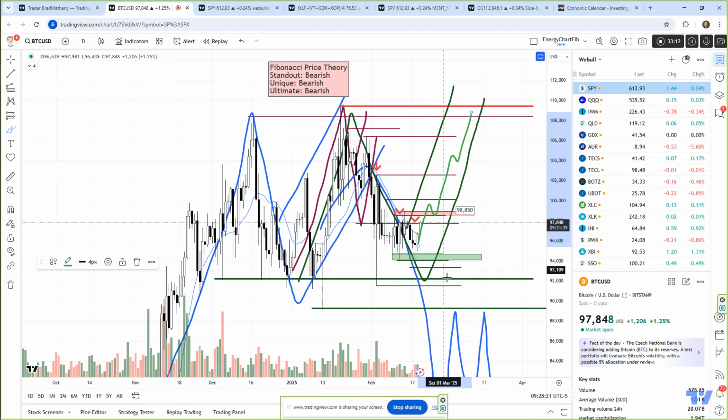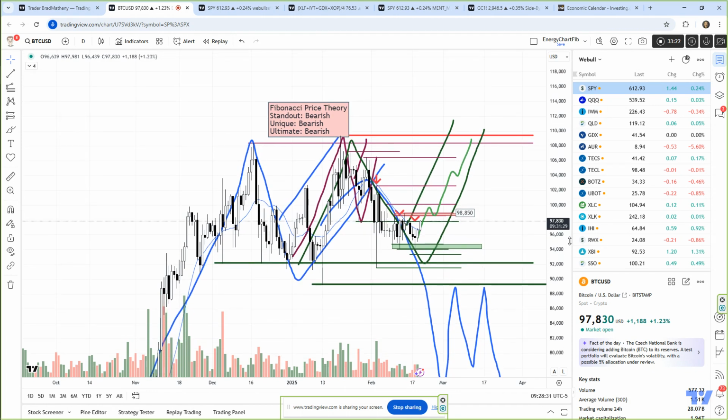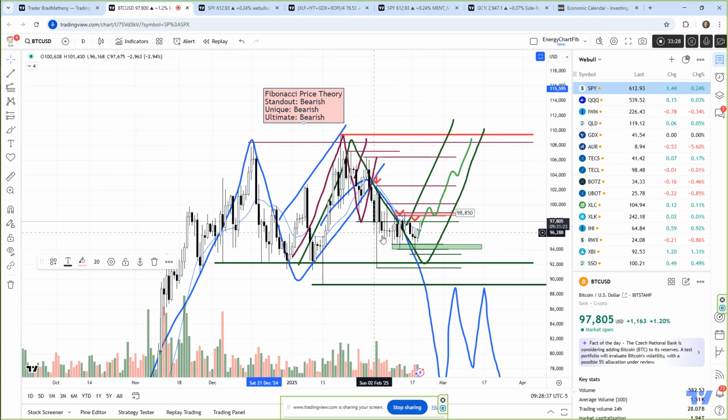This may support a major market rally in the SPY and the QQQ, but I'm going to start doing this so you can see what the actual price triggers are, based on Fibonacci price theory and my understanding of the market. So even though I warn you that we could be looking at a breakdown, I want you to see what trending really is. We'll try to go over this over the next couple of days, make sure it reinforces into your teaching so you can see where we're at.